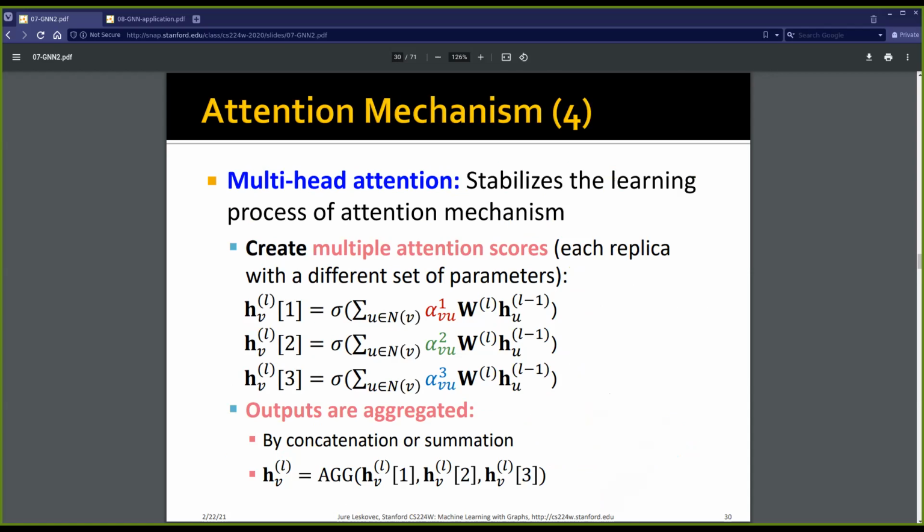As in other domains, people came up with the idea of multi-headed attention. You compute multiple attention scores and then, for example, aggregate them or concatenate the outputs of such aggregations. That should really improve your training quality.